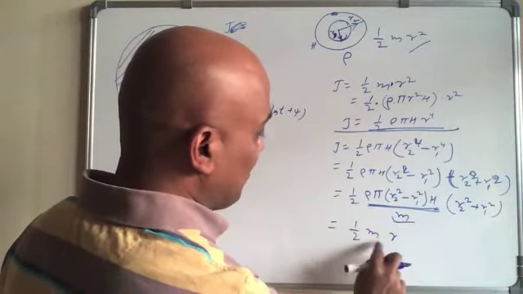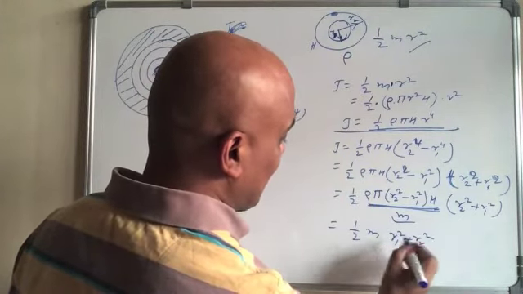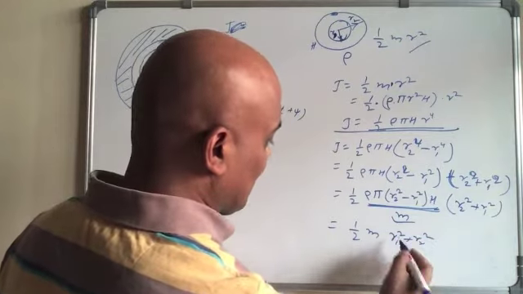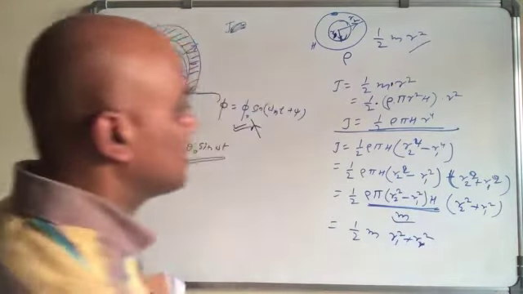So J is half m times r1 square plus r2 square, like this one.